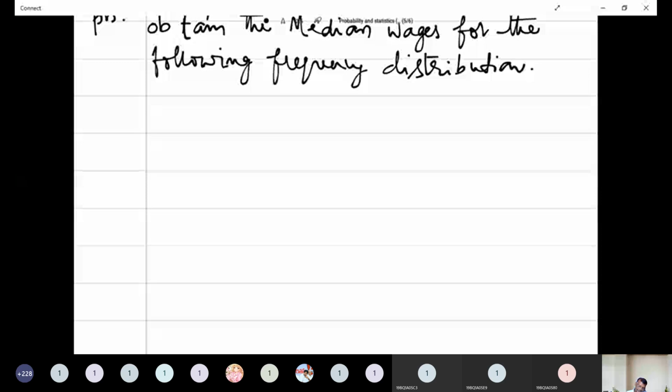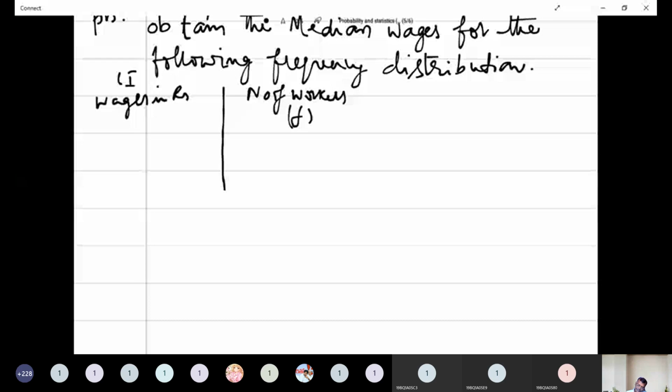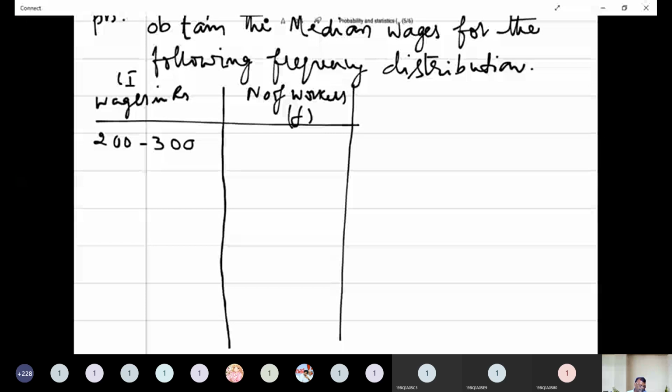Wages in rupees, this is also the class interval, and number of workers, this is the frequency. The classes are 200 to 300, 300 to 400, 400 to 500, 500 to 600, 600 to 700.